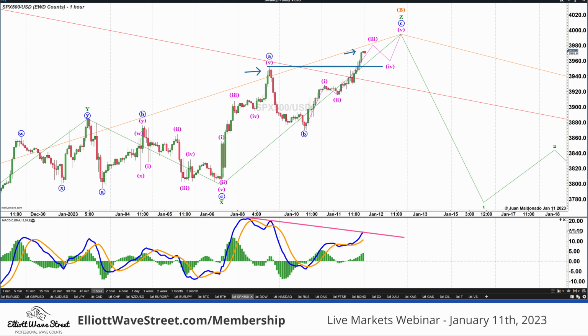But what this is telling us in terms of supply and demand is that price was moving faster in this leg. And in this leg it's moving higher, but slower. Slower means that an opposite force is not letting the price move as fast as it was moving before.